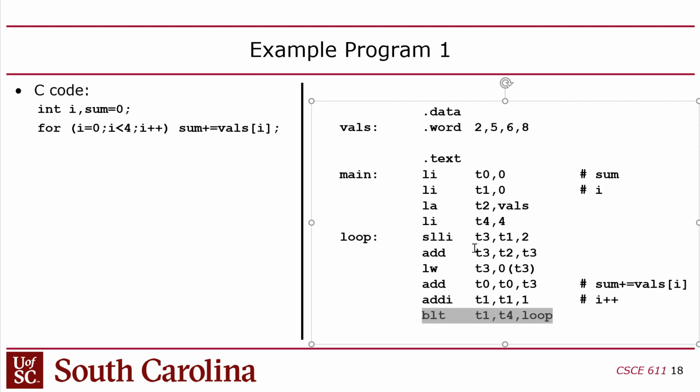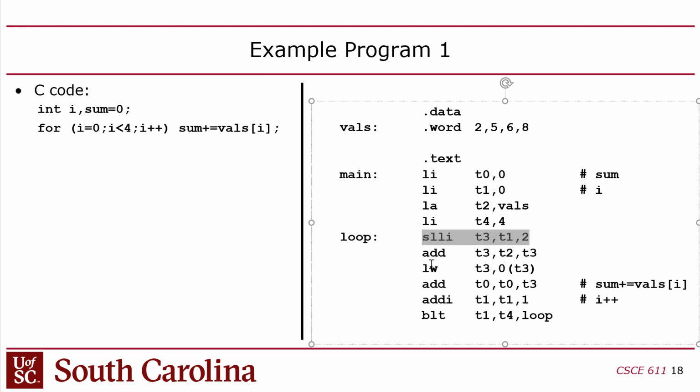I'm putting the continuance condition at the end of the loop body as opposed to putting it at the top and then having an unconditional branch at the bottom branching back to the top. So this avoids me having to have 2 control instructions in here.